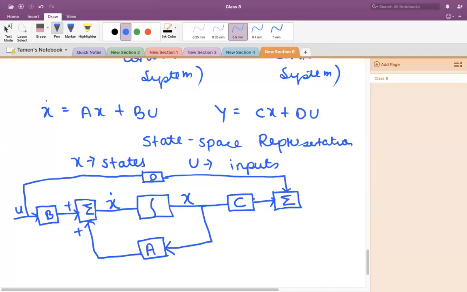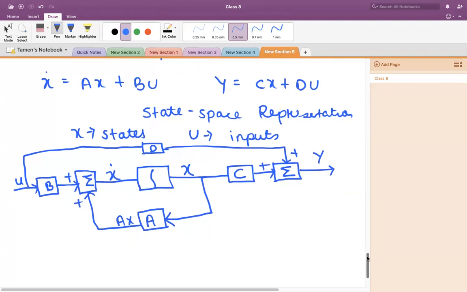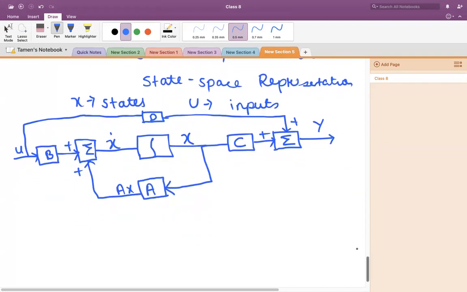This is the plus, and this is Y. This is the AX part. Is it clear? You check once. Yes. This is the way in which we have to represent the equations in MATLAB in block form.